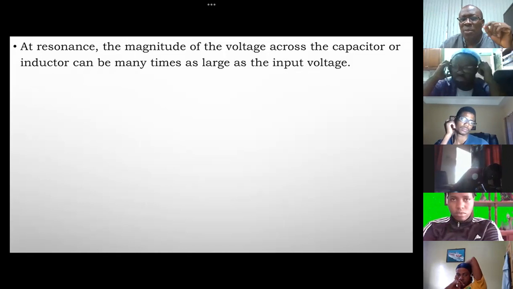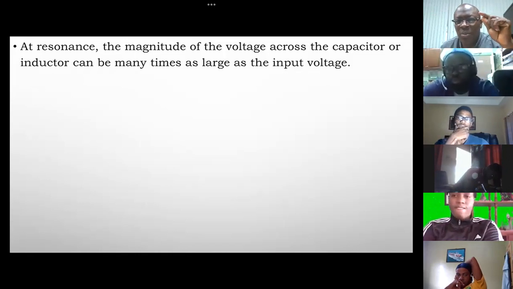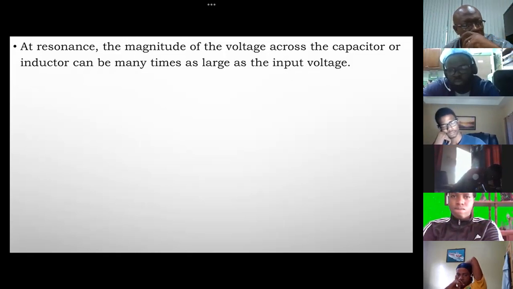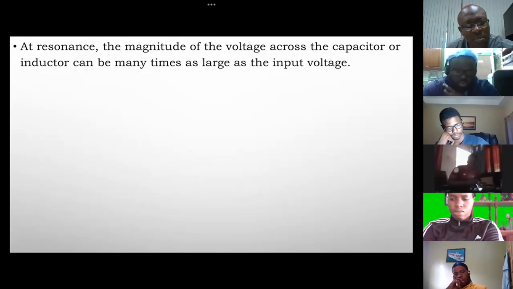So remember now, what's the main condition that we spoke about so far in terms of resonance? In your mind, what's the main condition that we have mentioned? Anybody? Minimum resistance, maximum power. Go again? Minimum resistance, maximum power.